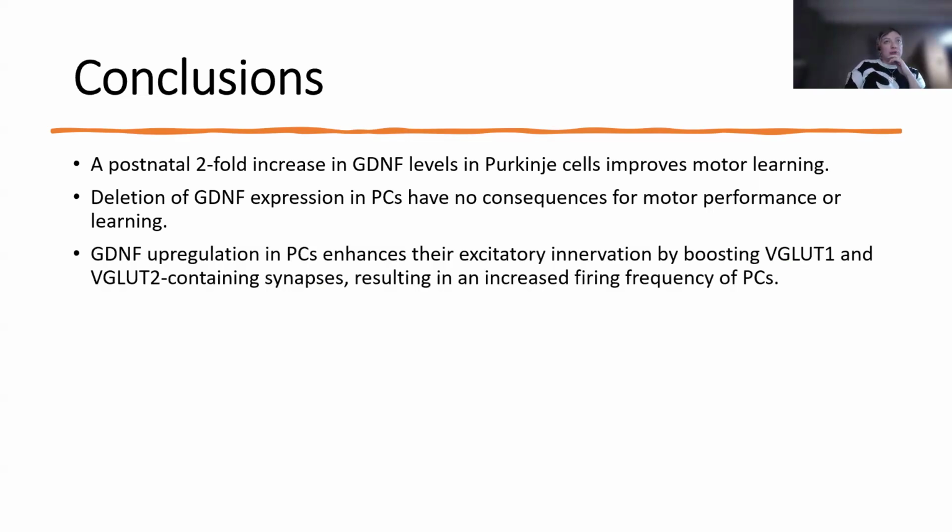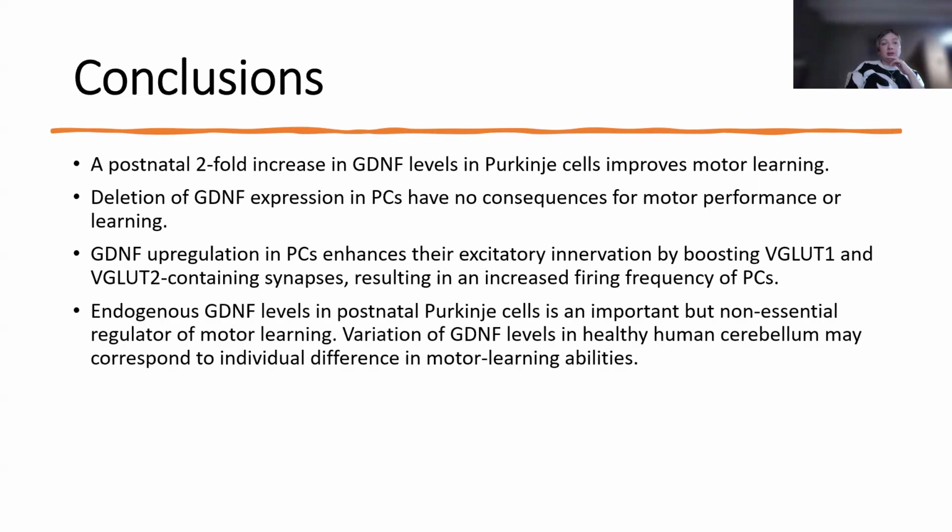GDNF upregulation in Purkinje cells enhances the excitatory innervation by boosting VGLUT1 and VGLUT2 containing synapses, resulting in an increased firing frequency of Purkinje cells. And the major conclusion is that endogenous GDNF level in postnatal Purkinje cells is an important but non-essential regulator of motor learning. Variation of GDNF levels in healthy human cerebellum may correspond to individual differences in motor learning abilities.